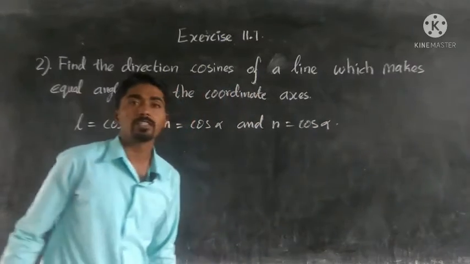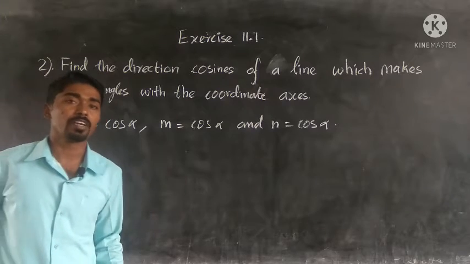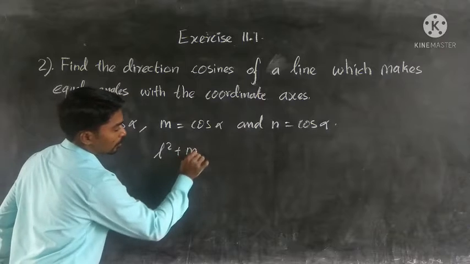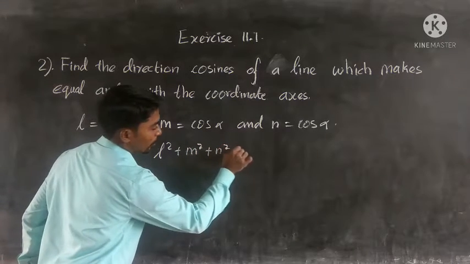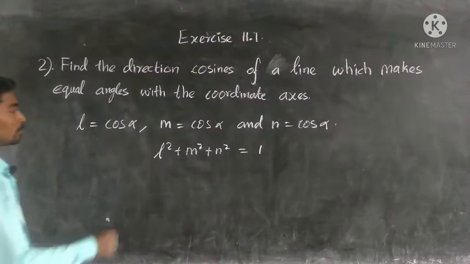We know the result, the relation between direction cosines of a line, that is l square plus m square plus n square is equal to 1. Now substitute these values.